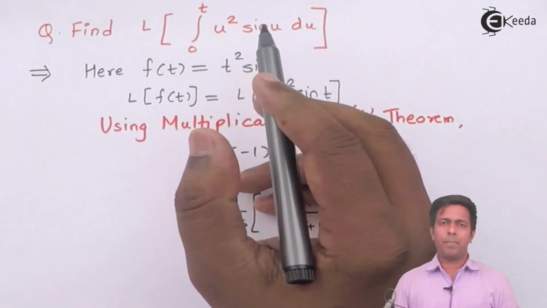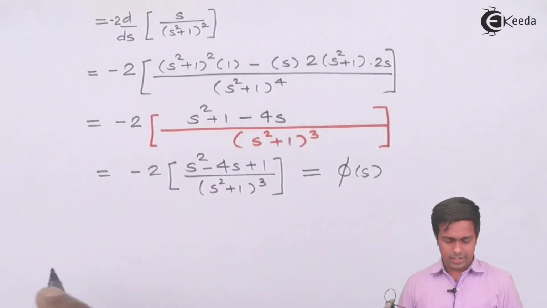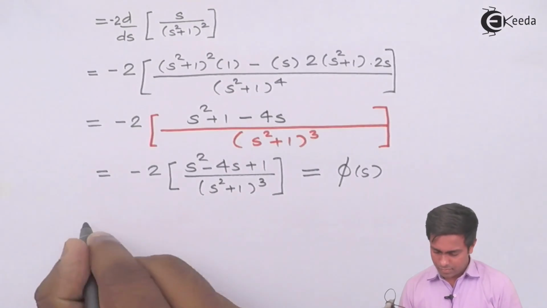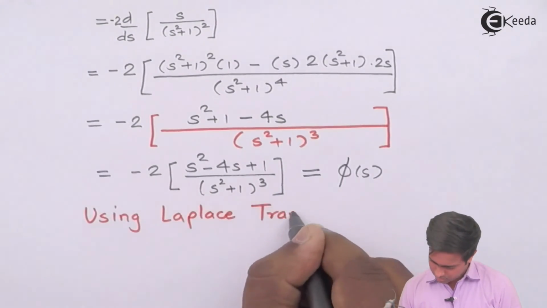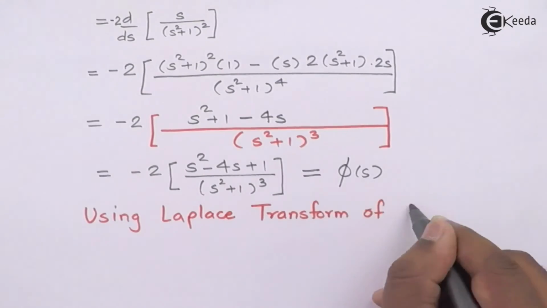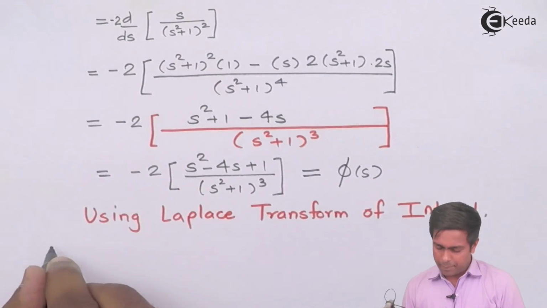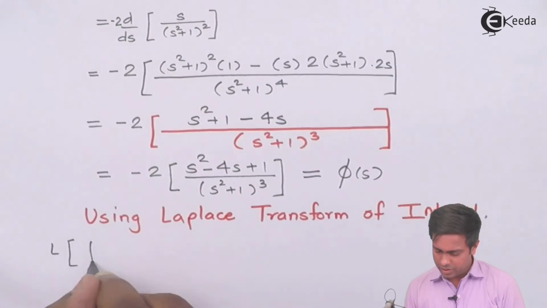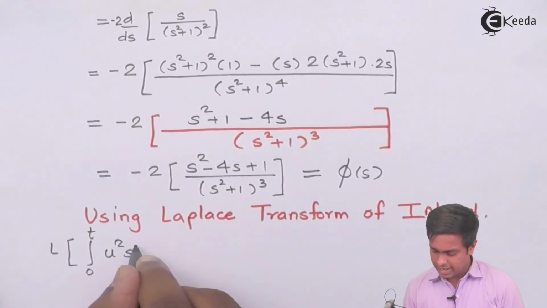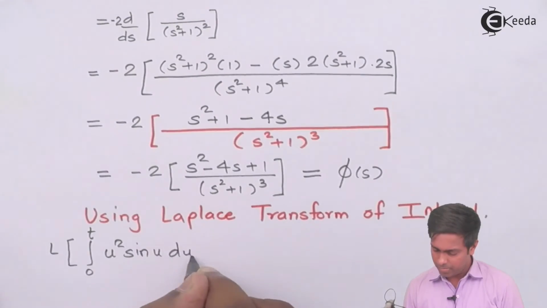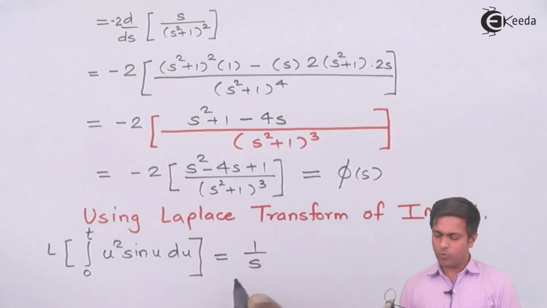So by the Laplace transform of integral, the Laplace of integration 0 to t of u square sin u du is equal to 1 upon s into phi of s.